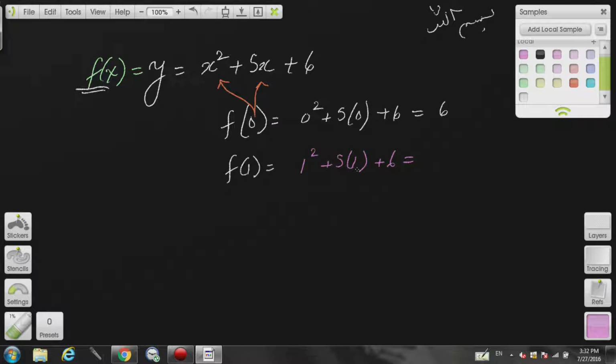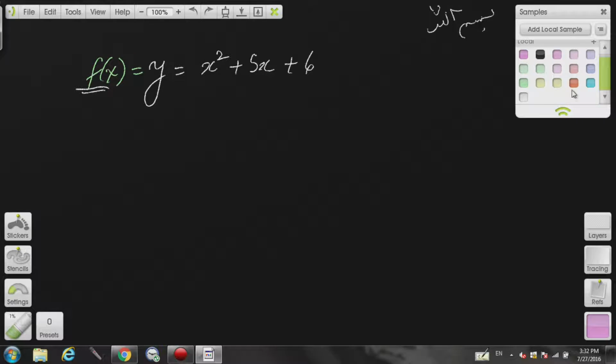That's 1 plus 5, that's 6, plus 6 is 12. Etc. If I say f of 2, you would substitute 2 squared plus 5 times 2, which is 10, plus 6. That's 4 plus 10 is 14, plus 6 is 20. Okay? So, like that. So this is a quadratic function.